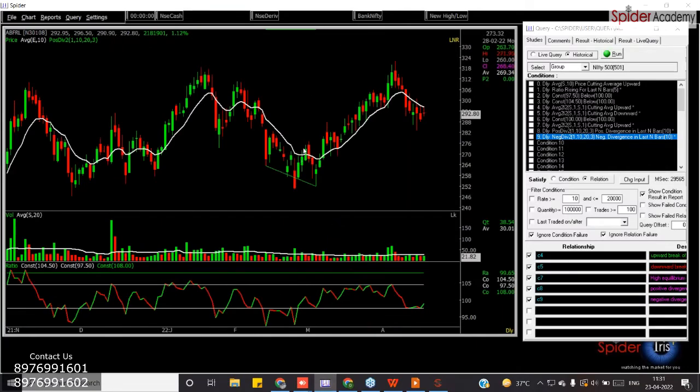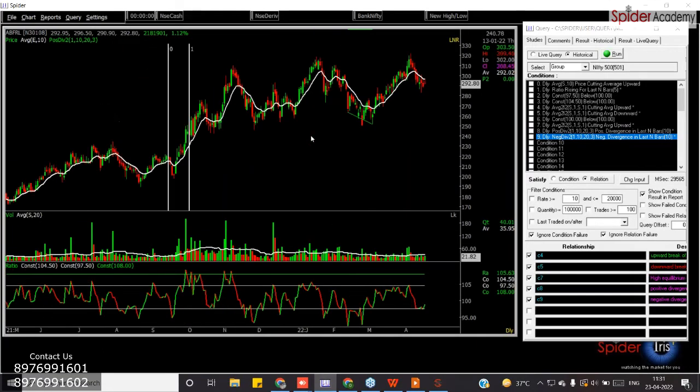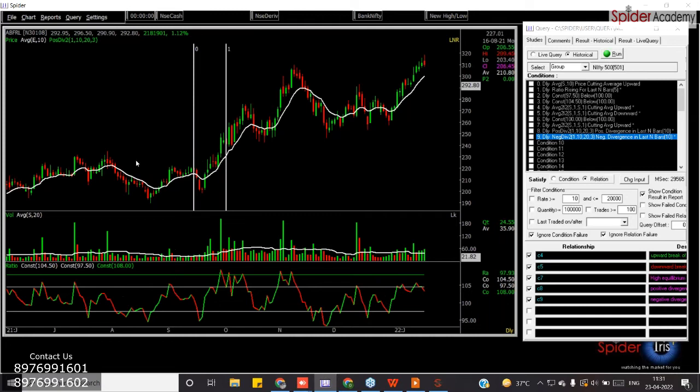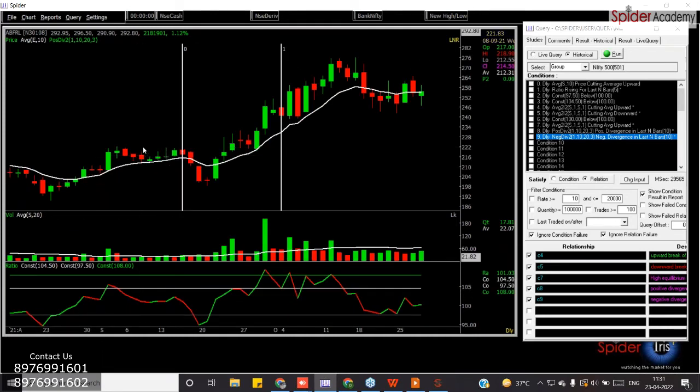The next example is basically ABFRL. Now over here again, the context was positive. The trend earlier was positive. Then the ratio went down to 94.87.